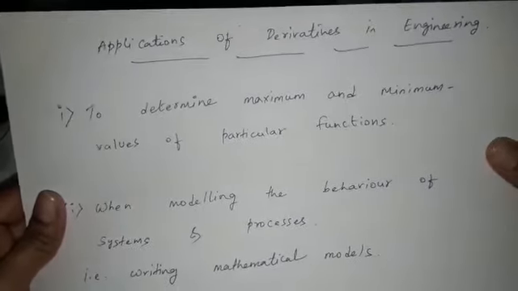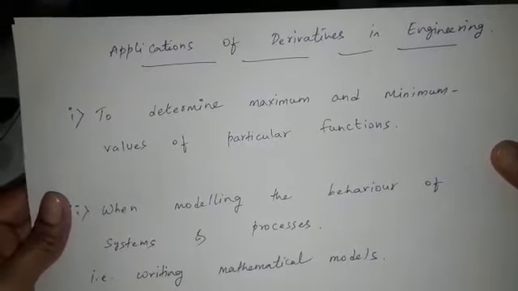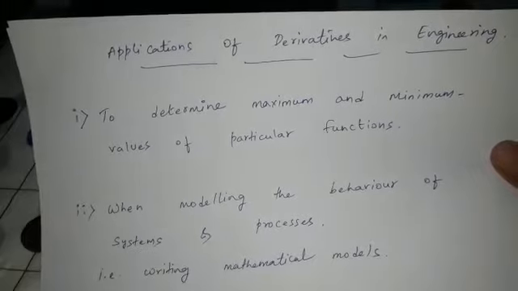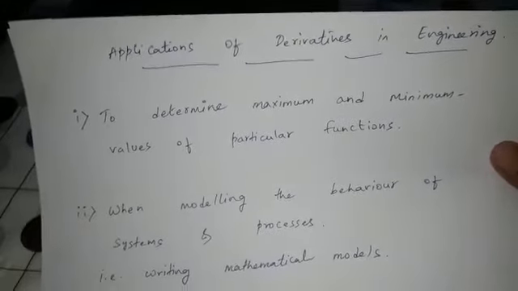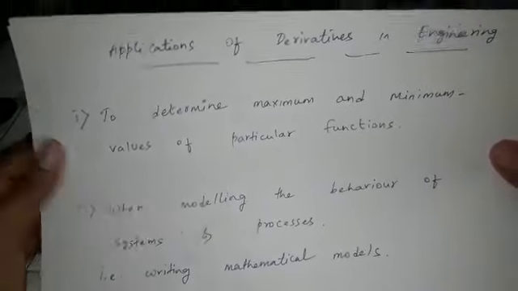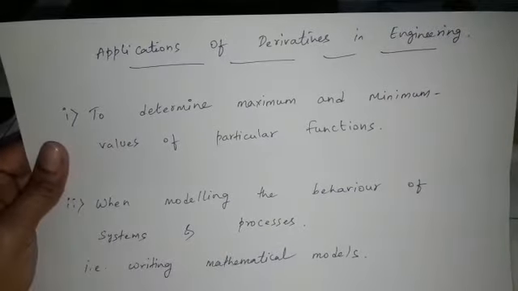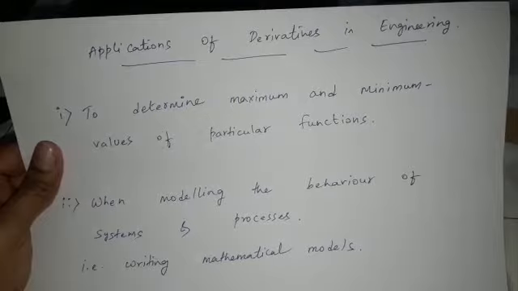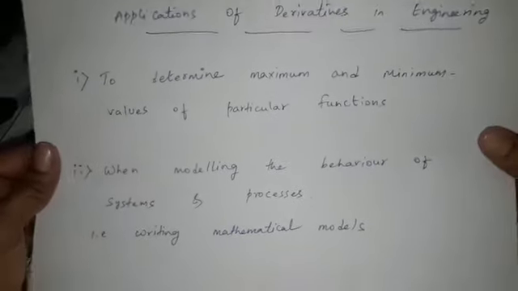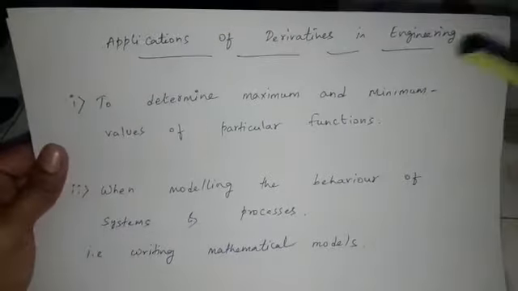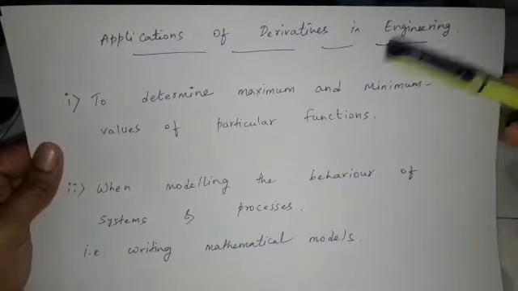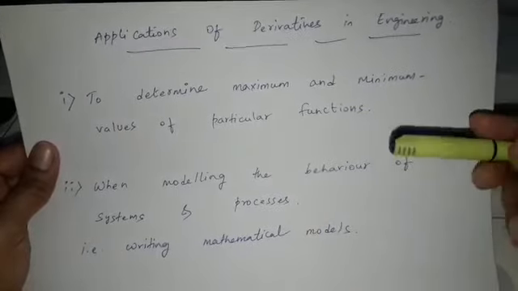Like in finding the critical radius of insulation for a cylinder, we find the derivative and equate it to 0. We get, I remember, the critical radius of insulation of a cylinder is k over h, where k is the thermal conductivity and h is the heat transfer coefficient. So whenever we want to find the maximum and minimum of any function, we need to find the derivative.